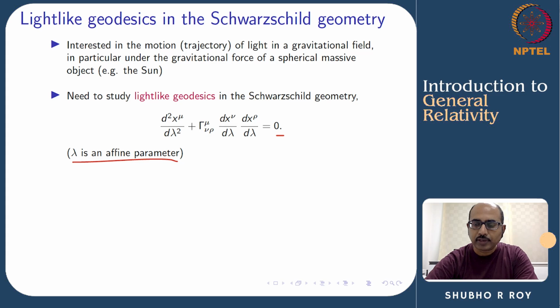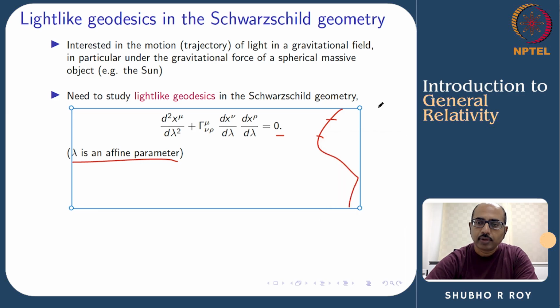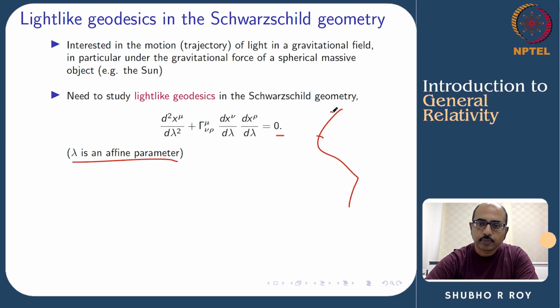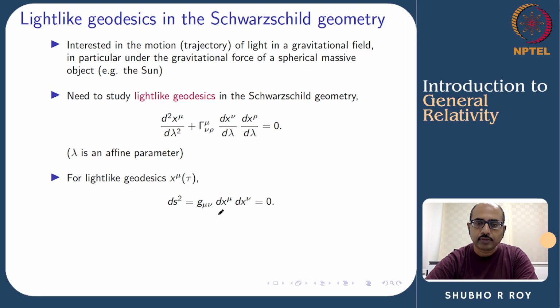What signifies that this is light-like is that for any two points on the geodesic which are infinitesimally separated, that is, separated by x and x plus dx, the length squared of the displacement vector should be light-like. In other words, ds squared, which is given by this, should vanish. Only then will the solution correspond to a light-like geodesic.